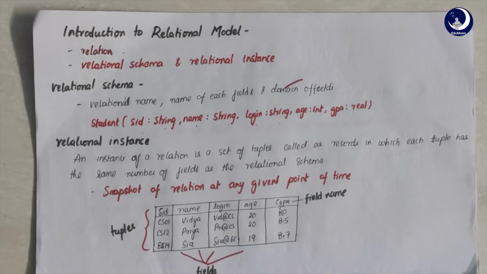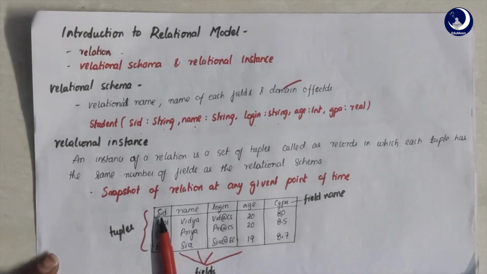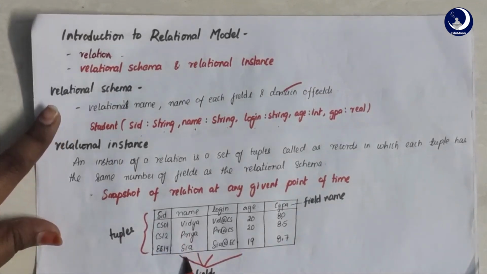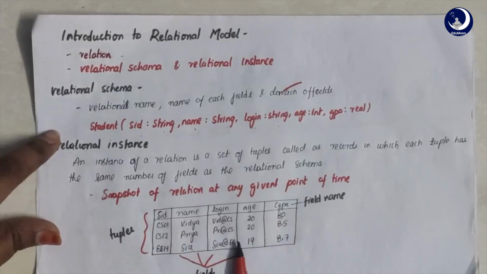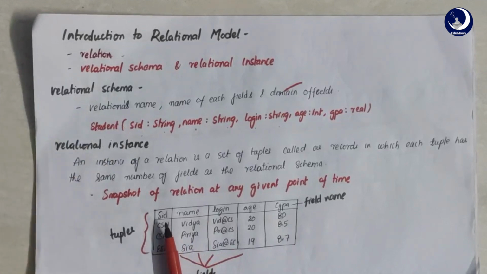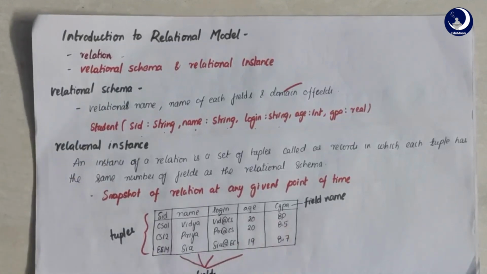For example, the data that is present in a particular table at one point of time is what the relation instance is. Here, I have an instance, and the fields I have here are the same fields that I defined in my schema: SID, SName, login, age and CGPA.